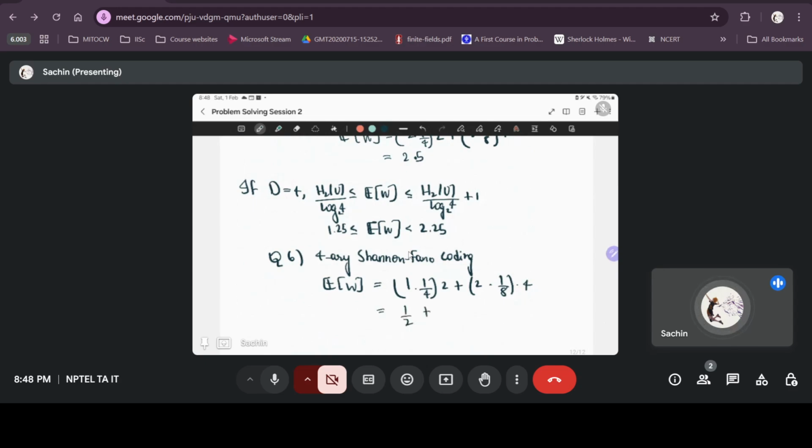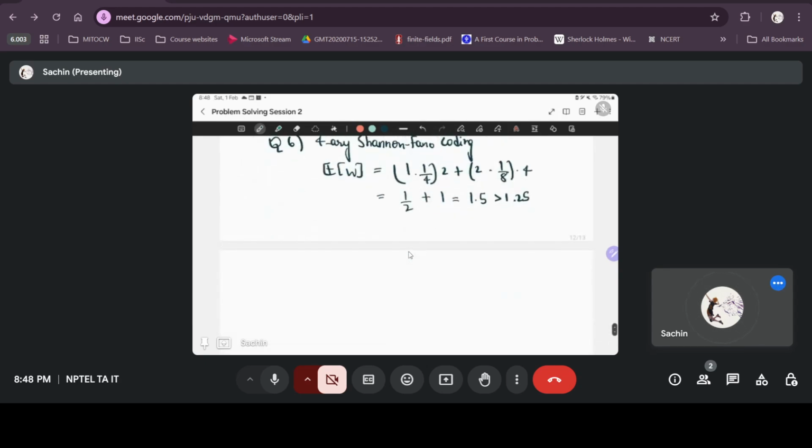So it was a half plus 1, which is 1.5, which is greater than the lower bound 1.25.